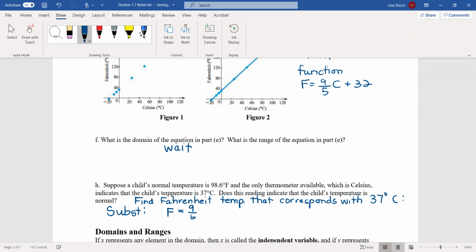In the equation, we substitute 37. I'm just going to bring out my calculator real quick and put 9/5 times 37 plus 32. Sure enough, it comes out to 98.6. And so yes, does this reading indicate that the child's temperature is normal? That is a normal temperature.